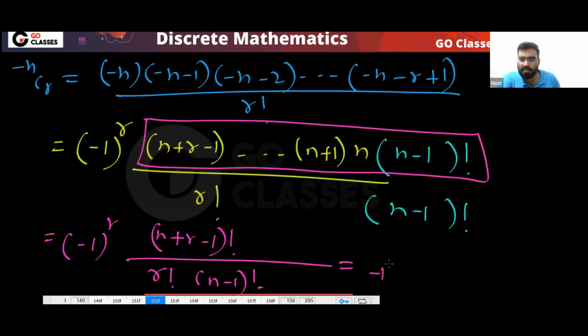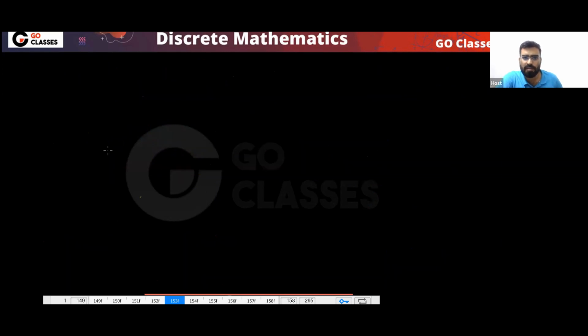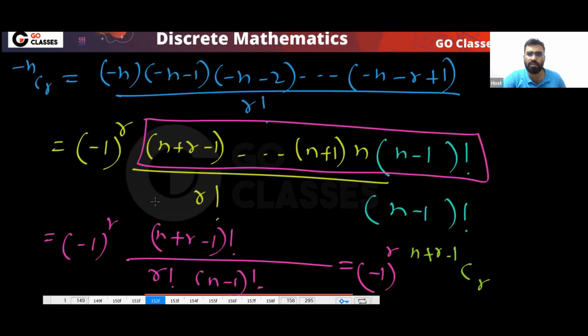And what is that? I will get minus 1 power r times n plus r minus 1 Cr. Very simple. Is this clear to everyone? We are multiplying with n minus 1 factorial up and down so that this becomes n plus r minus 1 factorial. And finally, this is what we got for minus nCr. But remember, this should be a negative integer.